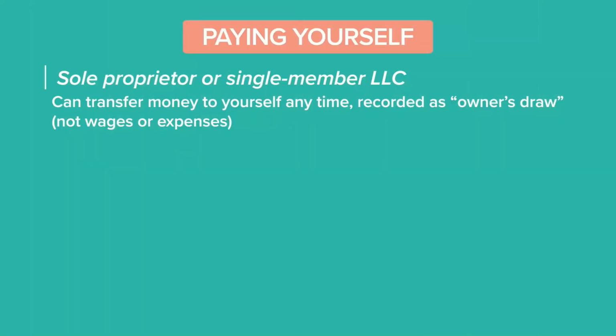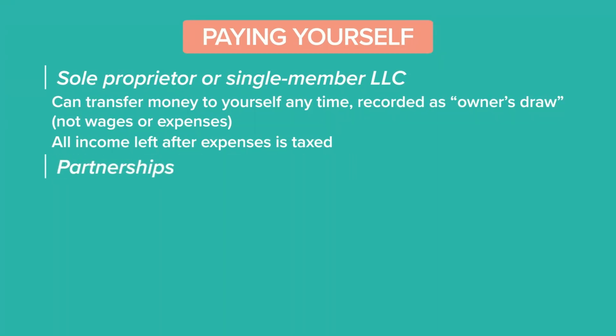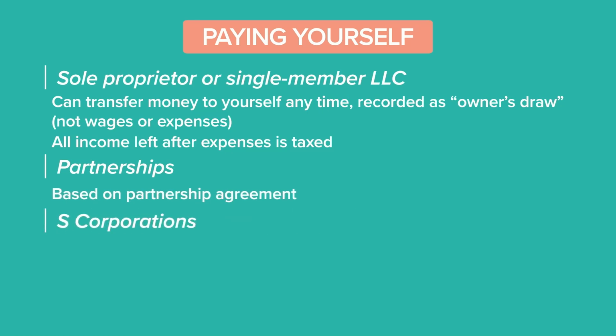The other thing to remember here is that regardless of whether you've paid yourself, all income left after business expenses is taxed. If your business is a partnership, you'll refer to your partnership agreement before taking money out of the business. And if your business is an S corporation, there are 2 ways to pay yourself as the owner. One way is to pay yourself through payroll, and the other way is to take a shareholder distribution.